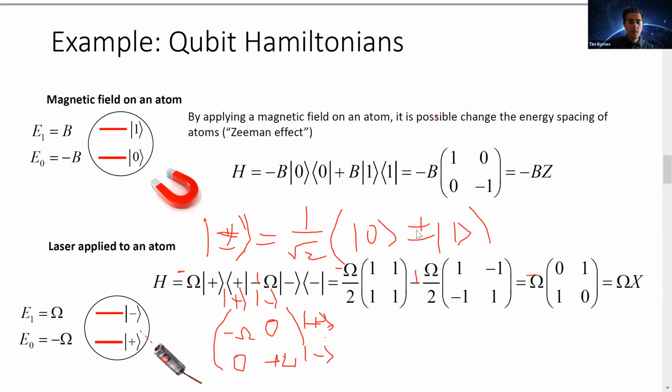But if I want to write it in the 0, 1 basis, it becomes off diagonal. So whether a Hamiltonian, or any matrix in general, is diagonal or off diagonal completely depends upon the basis that you write it in. There is always some basis where you can write it as diagonal, but in the context of another basis, it may not be diagonal.